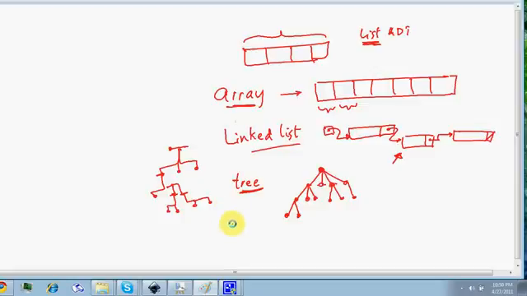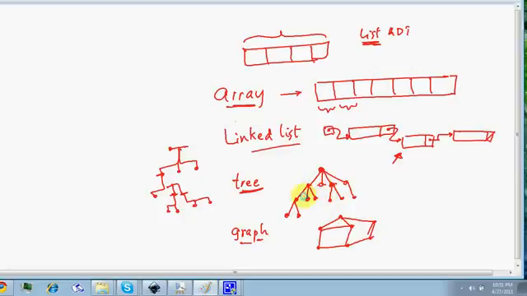Anyway, and then we have something called a graph. It's even more complicated than trees. A graph again has nodes, but then all these nodes are connected together with no restrictions as such in general, right?